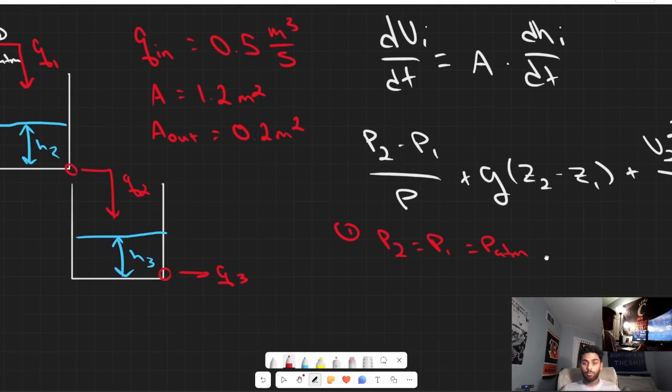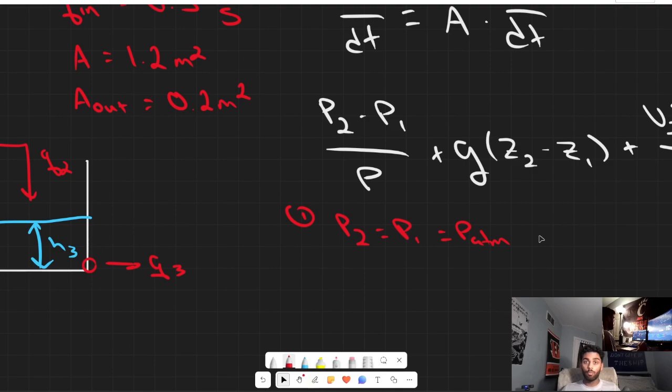Which makes sense because we have a much smaller opening and we're trying to force the same amount of fluid, more or less, through a smaller opening. So our second major assumption is that the velocity at the outlet far outweighs the velocity in the tank.